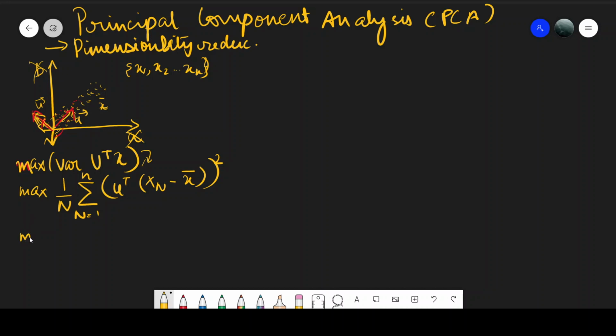So again, I'm going to change this and write it like this: 1 by n sigma n equals 1 to n, U transpose (x_n minus x bar) into (x_n minus x bar) transpose into U. Now, quick question, why am I allowed to do this?